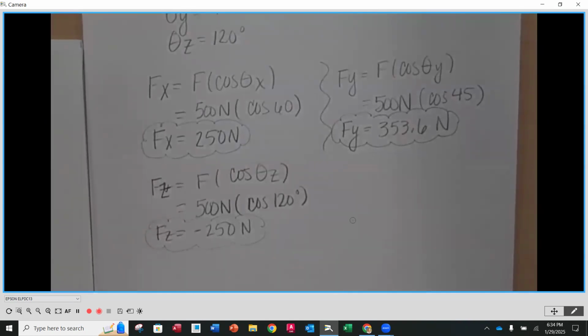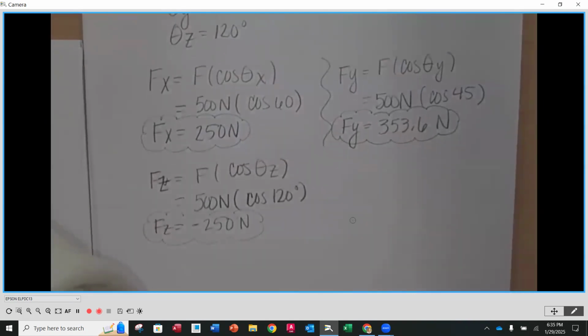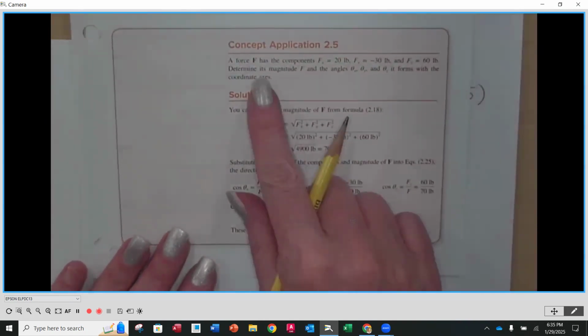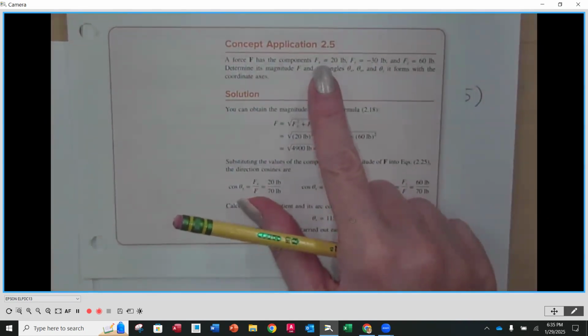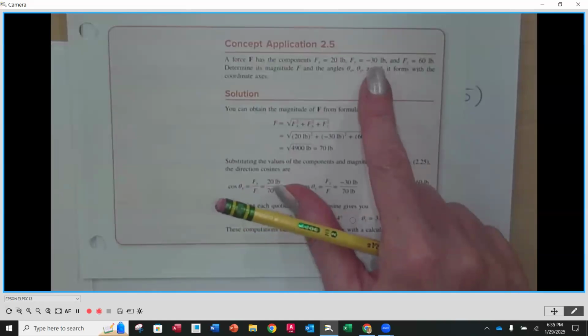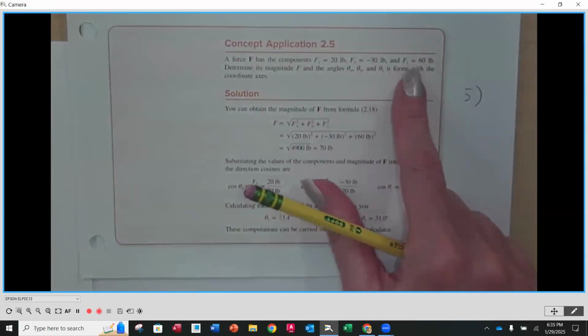So any questions on that? It's pretty straightforward. This section is just giving us an introduction first to the components. Now let's work in the opposite direction. Let's look at concept application 2.5. Here we have a force F with the components Fx, Fy, and Fz.